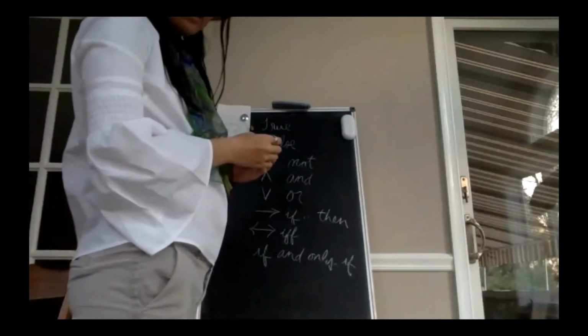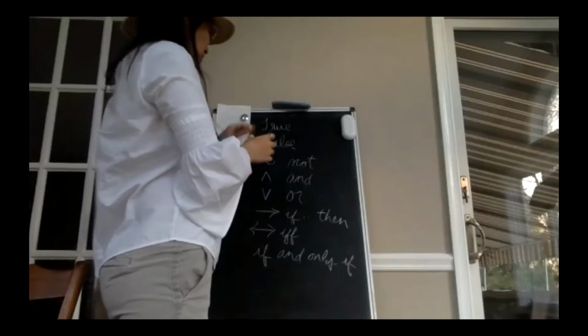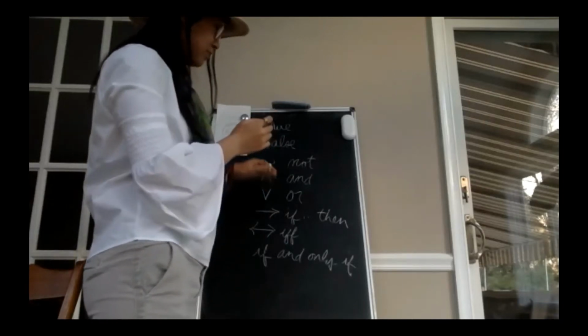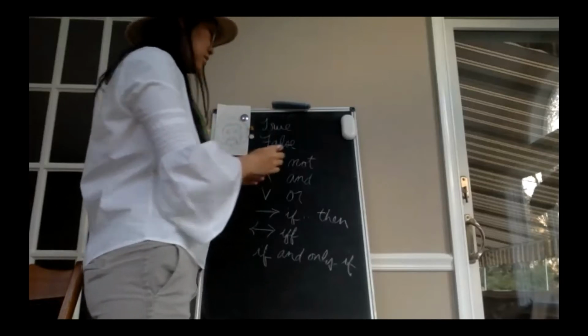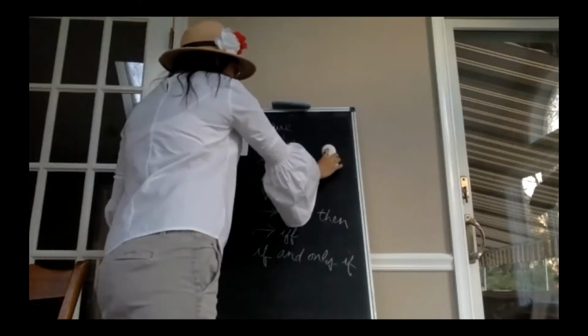We can go through what are called truth tables to explore the relationship between all of these very quickly.